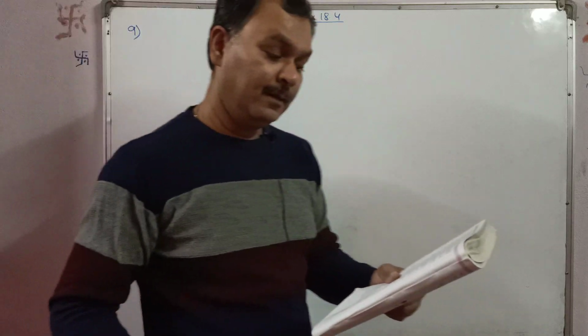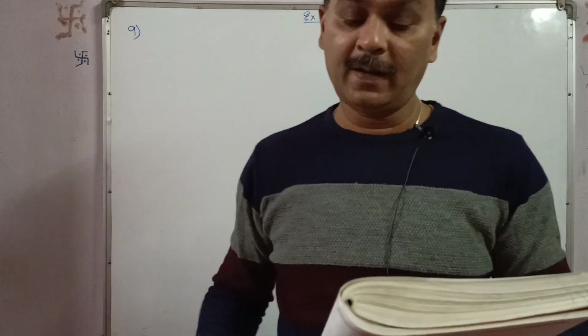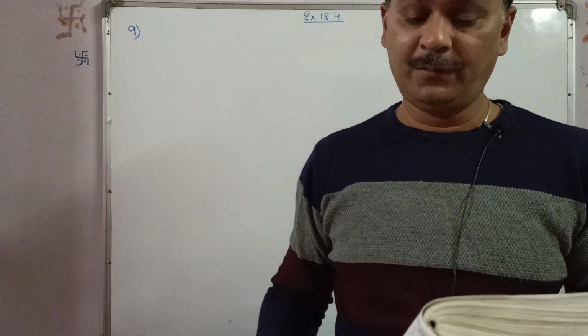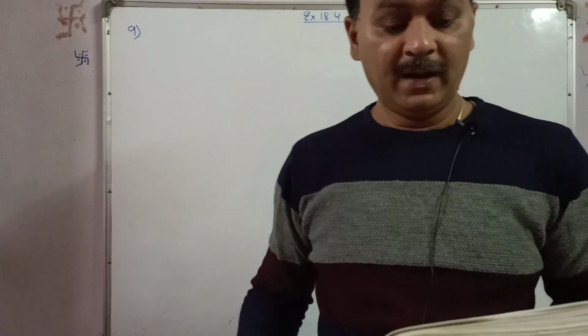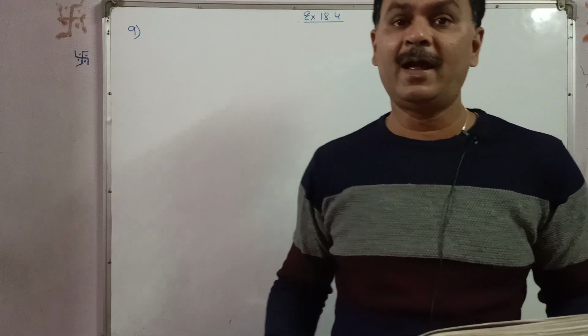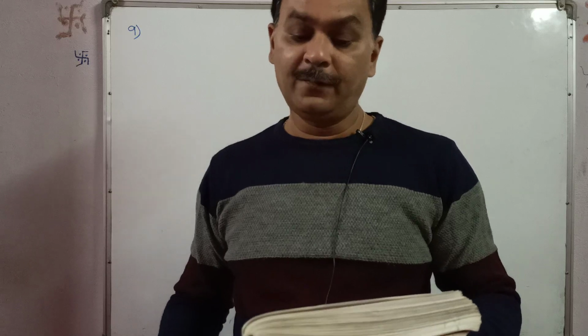The length, breadth and height of a rectangular solid are in the ratio of 5:4:2. If its total surface area is 1216 centimeter cube, find the volume of solid.